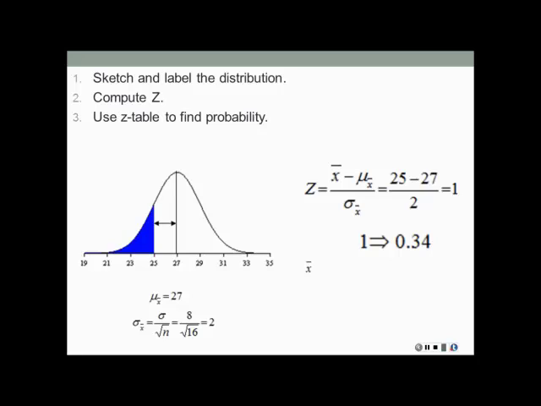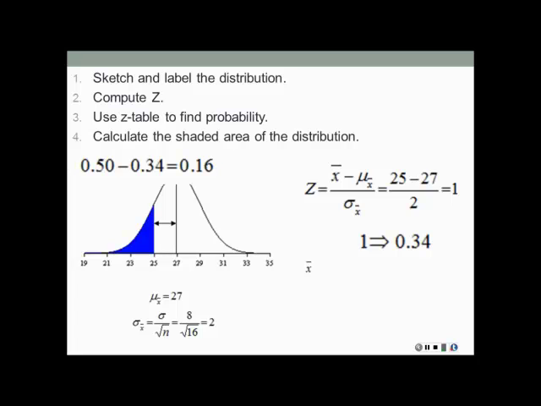Use the z-table to find the probability. You can remember back even to the empirical rule. Actually, if you look on the table, it's going to say 0.3413. I just did some rounding there to keep you remembering back that this is just the empirical rule too. We'll go plus or minus 1 standard error or standard deviation. We'll have 0.34 of the data, or half of 68%.